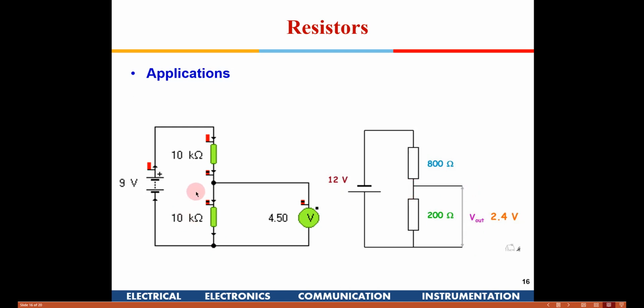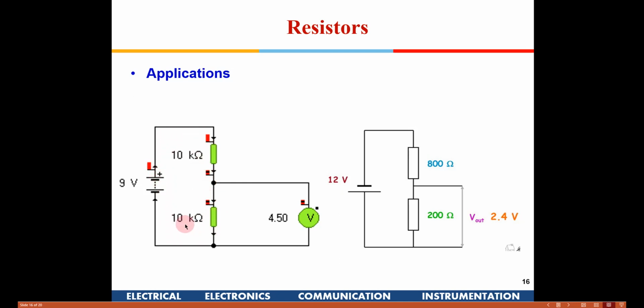Now the question comes: what should be the values of these resistors? There are always design issues there. If I use 1 ohm and 1 ohm, I will still get 4.5 volts here. If I use 10k and 10k, still I will get 4.5 volts. If I use 1 ohm and 1 ohm, a large amount of current is going to flow in this circuit.